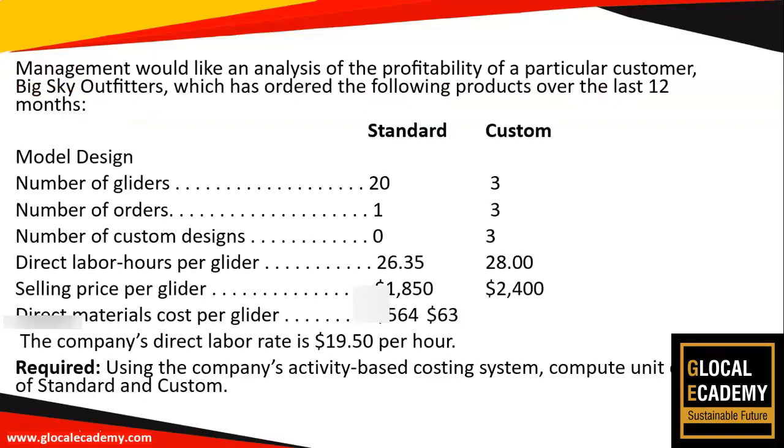Now, in order to calculate cost per unit, we first of all need the material cost and labor cost. I'm just highlighting some of the information about material and labor cost. First of all, we need to capture material cost. The material cost is 564 for standard and 634 for custom. There is a small omission here, so please note it down, 634.